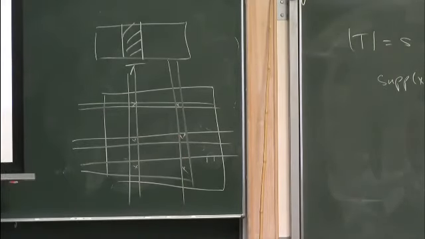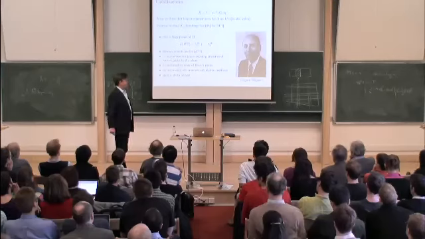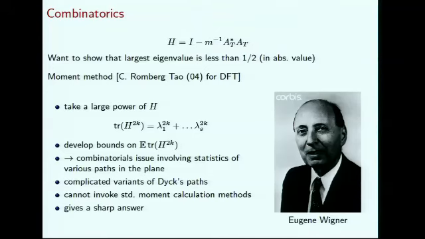The first idea that comes to mind is to use what is called a moment method, where you say, all right, I'm going to raise this matrix H to a very large power. Of course, the trace of H to an even power would be the sum of its eigenvalues raised to this even power. And the reason Wigner raises it to a large power is that in this sum, everything will be dominated by the largest eigenvalue.